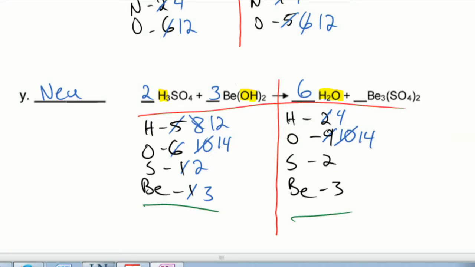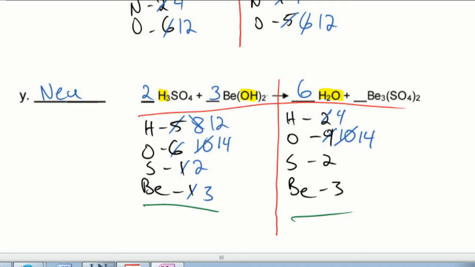That changed my oxygens and hydrogens, and it also made my oxygens even on both sides, and my hydrogens. So I think once you balance the beryllium, it should kind of fall into place. The next thing is the sulfurs I would do next.